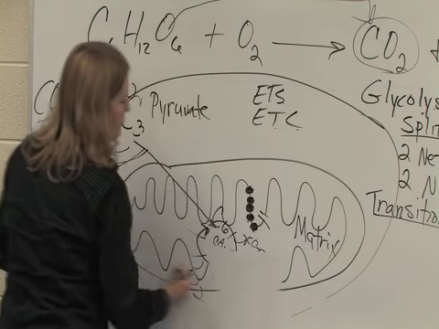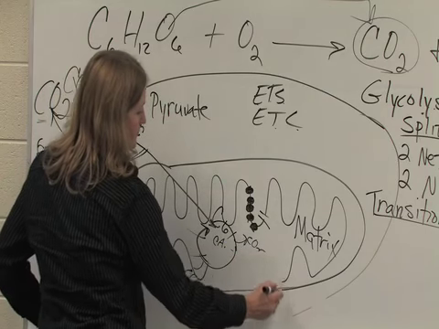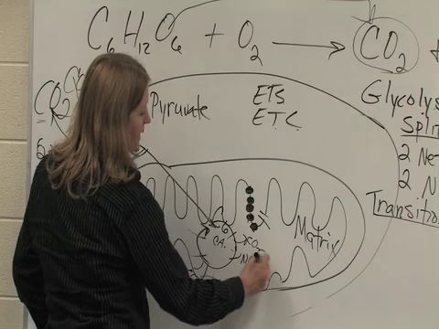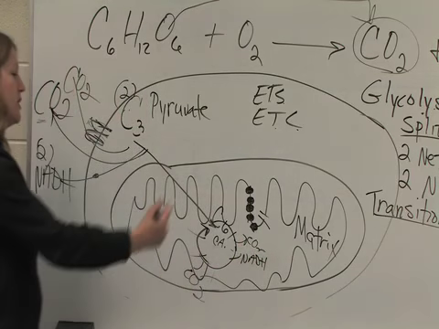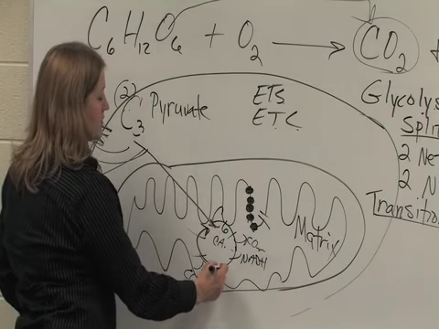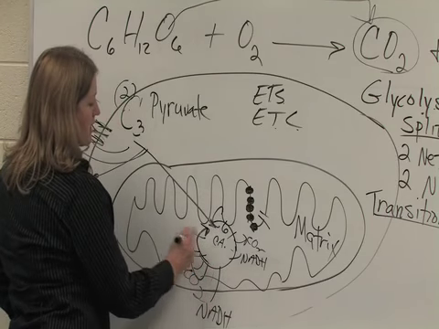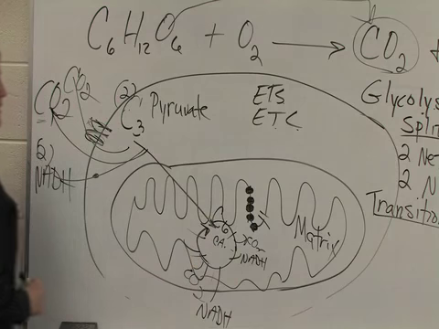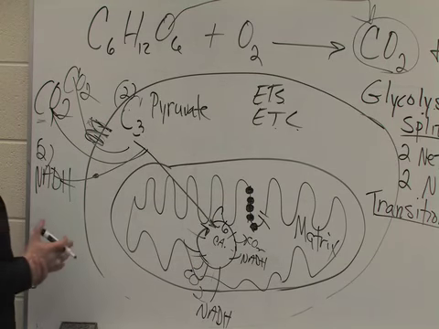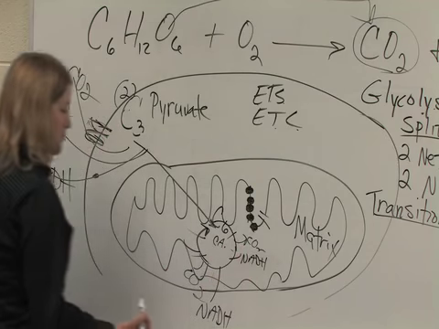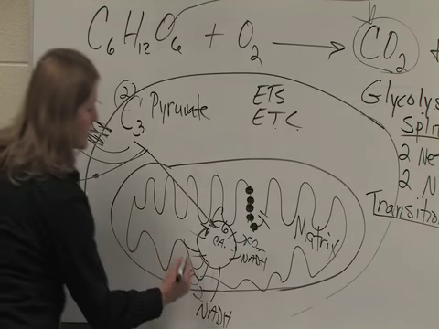Let me clean that up. So we're also going to make some NADH in 3 spots. You'll see if you look in a textbook and look at this cycle, there's 3 spots where we make some NADH. The compounds in here get oxidized, meaning they lose hydrogen ions and electrons, and the NAD gets reduced to the NADH.